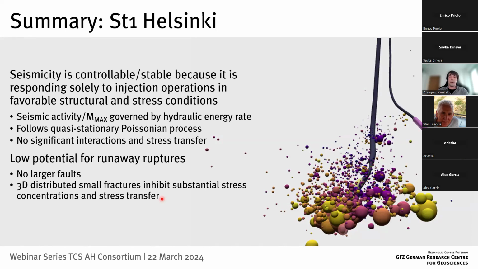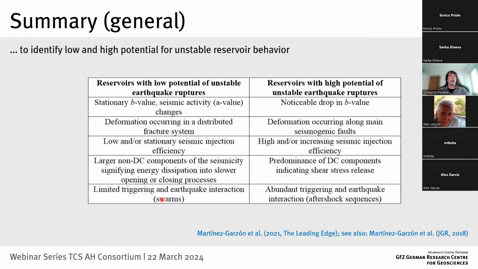Overall, there is a low potential for making it unstable unless we could hit something. But basically, there are no larger faults here, and the injection is performed into a 3D distributed network of small fractures.